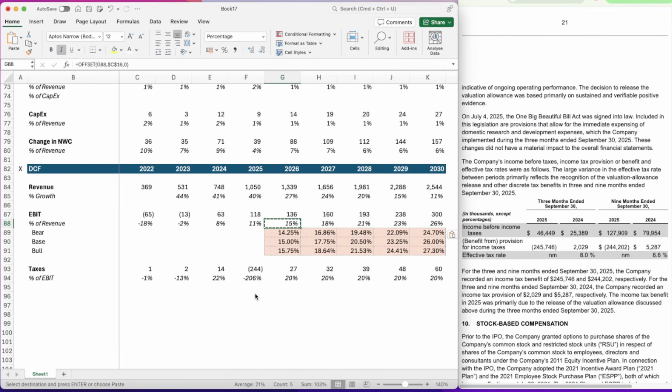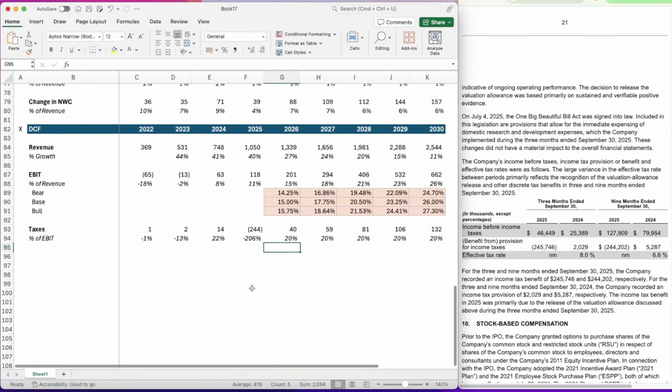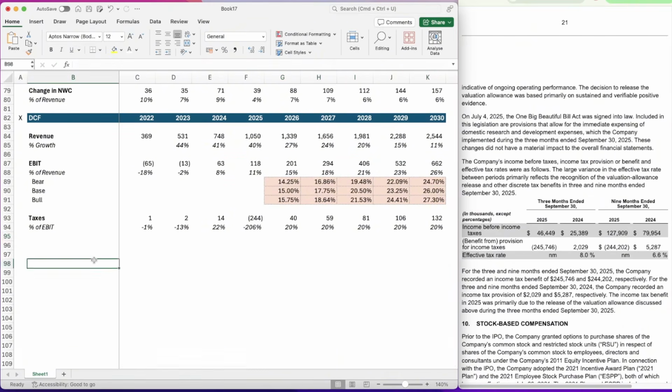This EBIT needs to equal revenue multiplied. There we go. Okay.